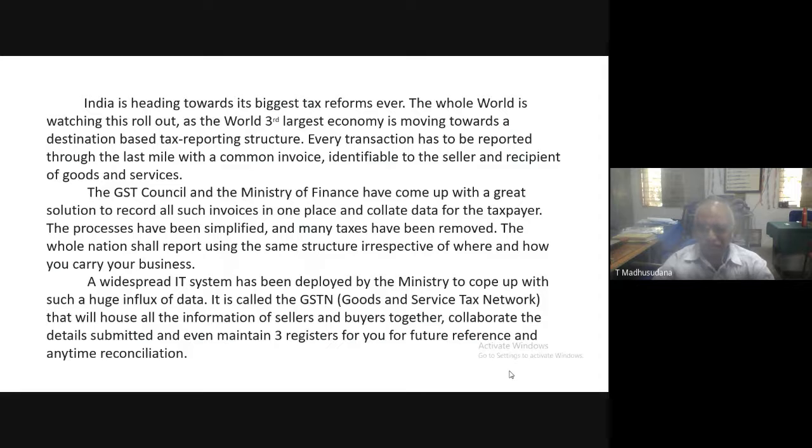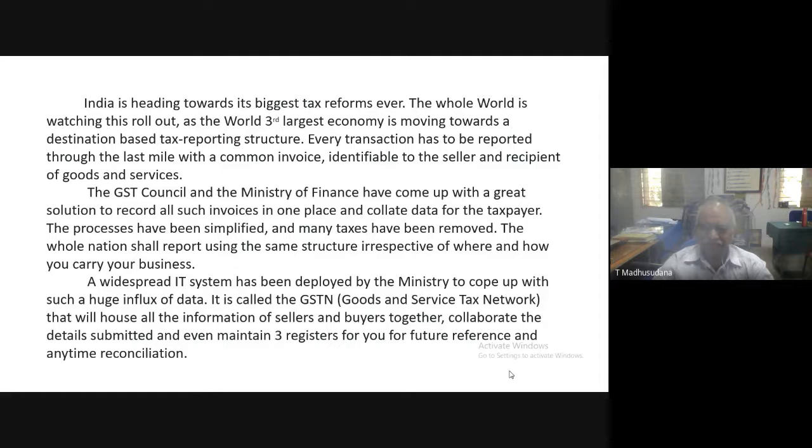India is the third largest economy, which has changed its indirect tax structure from July 1st, 2017. After the introduction of the GST, or after enactment of the GST Act, the country's tax structure and the tax administration, everything has changed.